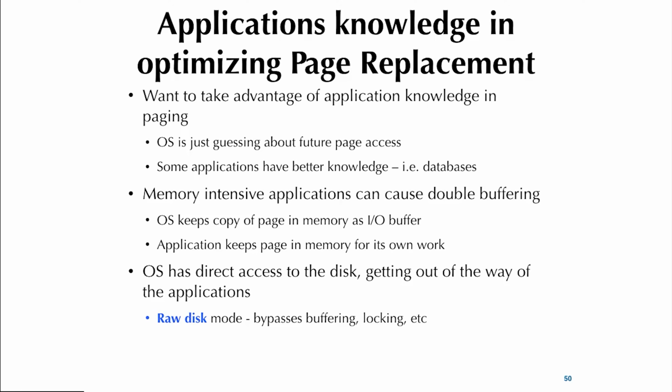Another one has to do with whether you want to use a file system as your backing store or have the OS access its own swapping device. A swapping device would not implement your file system structure. So no directories, no file names, no hierarchy, no inodes or this metadata. It's really just raw storage with minimal structure, and even buffering it probably doesn't need, or even locking.